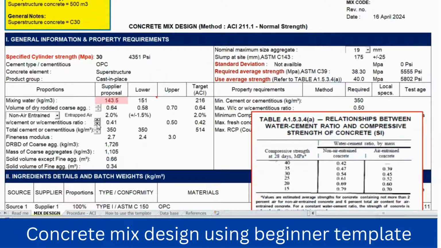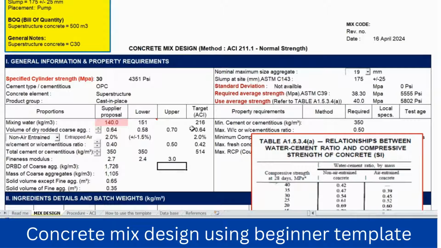So I will reduce by 0.02, that will be 0.4, because they acknowledge and understand that in real life situations, the construction team or the drivers will tend to add extra water. So to protect us from this low strength, ACI suggests reducing the water cement ratio by at least 0.02, which I already did in this example.